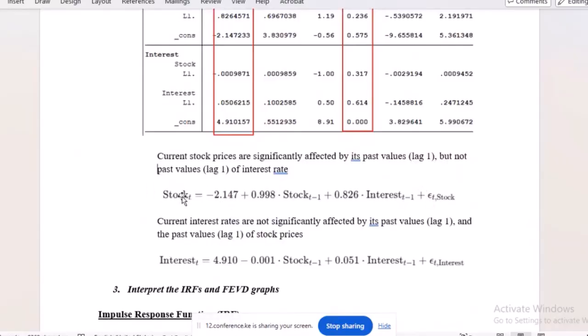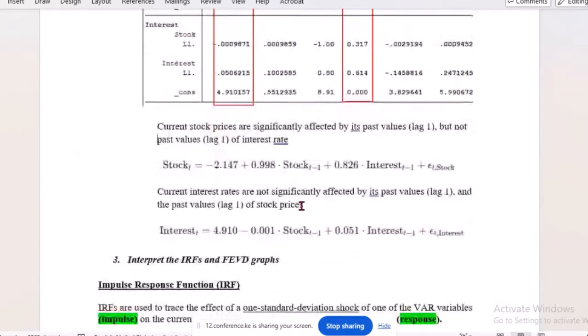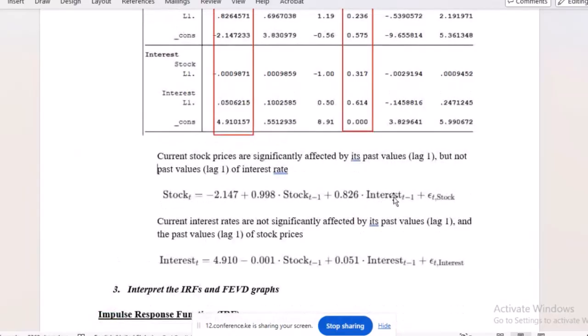So when you are explaining, you say the current stock prices is positively and significantly affected by the previous period stock prices, and positively but non-significantly affected by the previous period's interest rates. That is what I have written here.